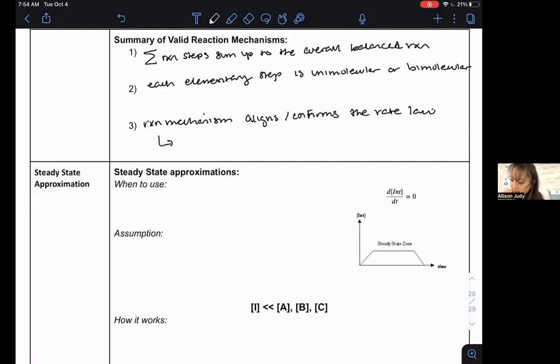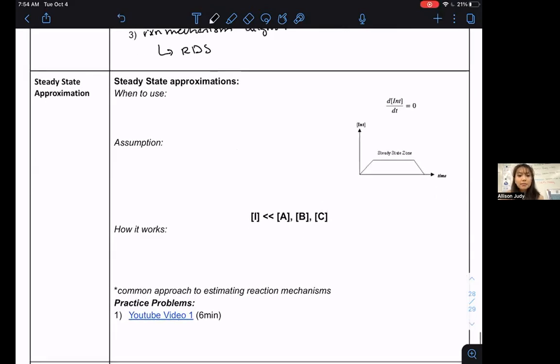Basically what I'm getting at is, is your RDS matching the rate law that you wrote for the overall reaction?